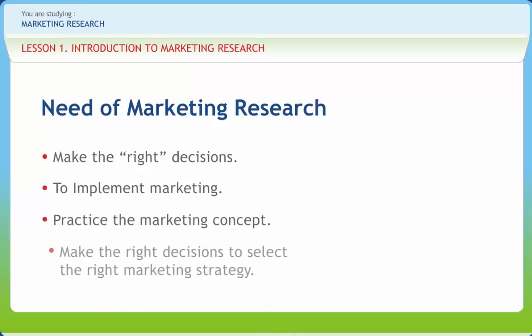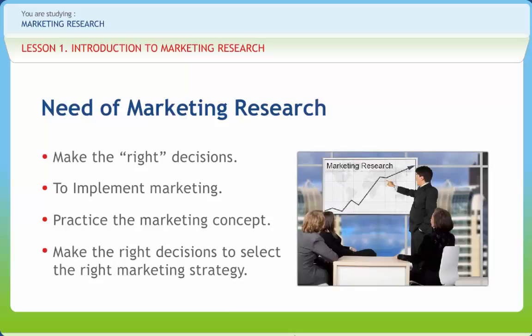Marketing research focuses on both short-range and long-range decisions and helps in making decisions with respect to the 4 P's of marketing, namely product, price, place, and promotion, and make the right decisions to select the right marketing strategy. It helps industries in production to determine what to produce, how much to produce, and when to produce.